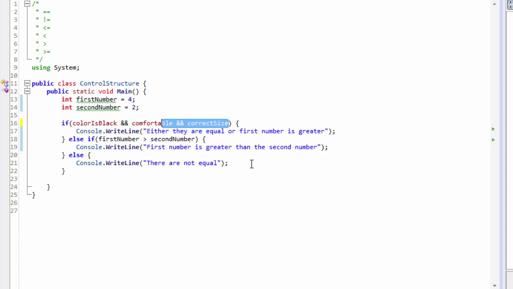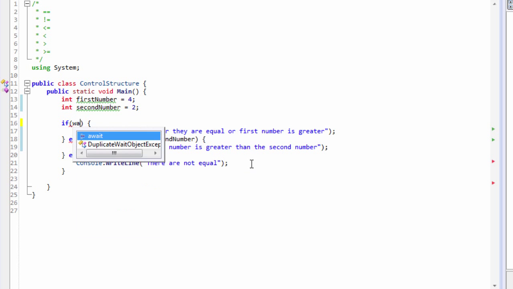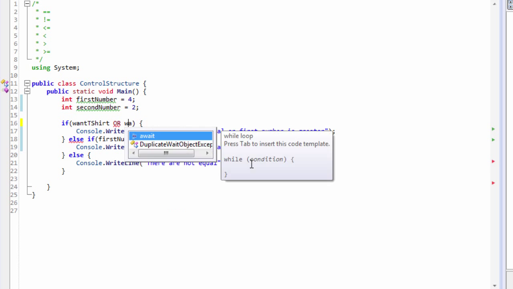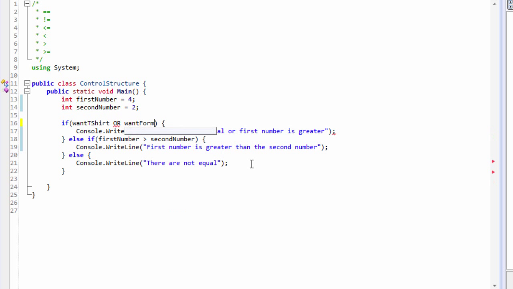Let me erase this off. Okay, that was about these shoes. Now I want a t-shirt, maybe. Let me write want t-shirt, or want formal shirt. Okay, I guess it's correct.